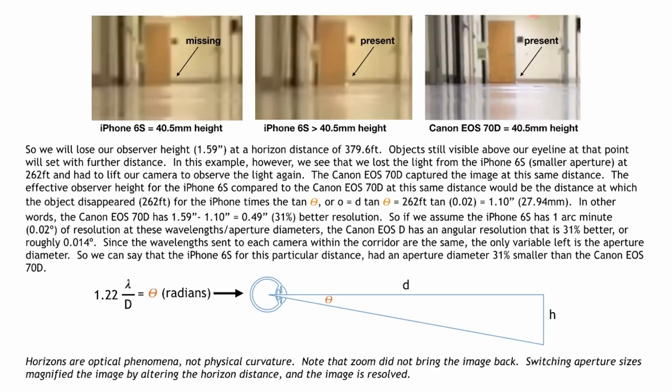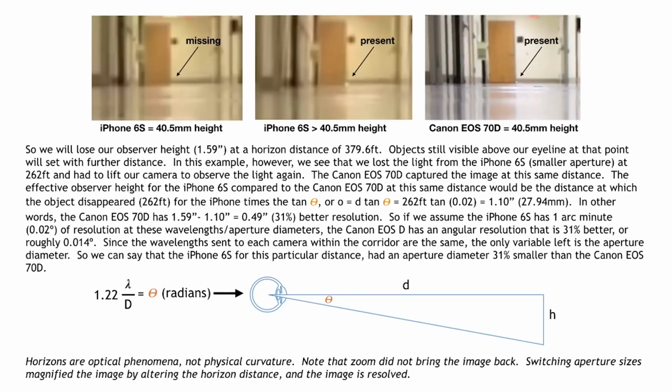In this example, however, we see that we lost the light from the iPhone 6s with the smaller aperture at 262 feet and had to lift our camera to observe the light again. The Canon EOS 70D captured the image at this same distance and height.